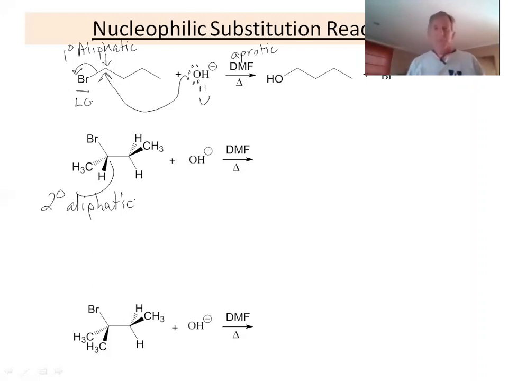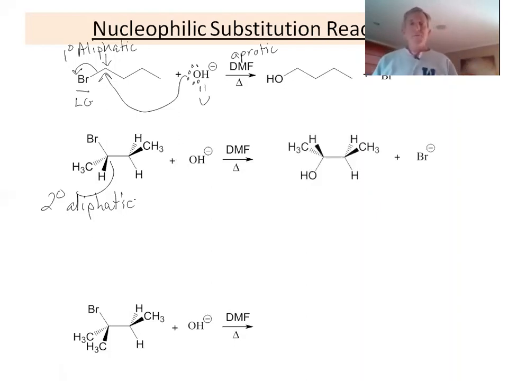Okay. So, secondary aliphatic, we still have a really strong nucleophile. So with a strong nucleophile, secondary aliphatics could go SN1 or SN2, but I have a good nucleophile. Yes. So this nucleophile is going to make this reaction become SN2, and the products you would expect to form would be the inverted product here.